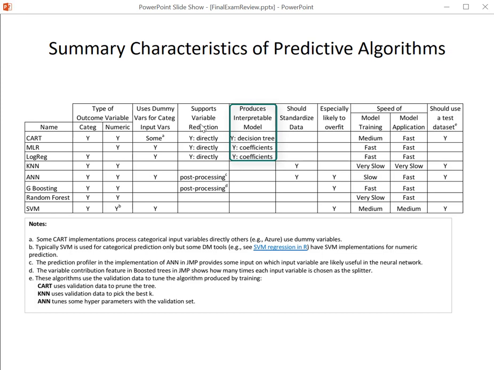In terms of interpretable models, CART, MLR, and logistic regression give you interpretable models that you can fairly easily understand how the inputs are related to the outputs. They do that through trees or coefficients, and so that's a big benefit in terms of making explainable models. The remaining are really black boxes in the sense that it's very difficult to see how the outcomes are related to the inputs.